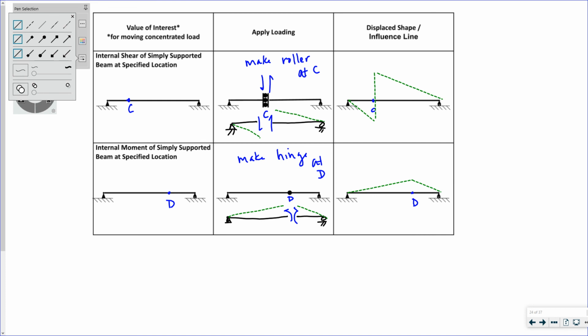So that is how you can use the Muller-Breslau principle to qualitatively draw your influence lines. Now you'd still probably need to calculate the shear or the moment or the reaction. You need to calculate these values, right?